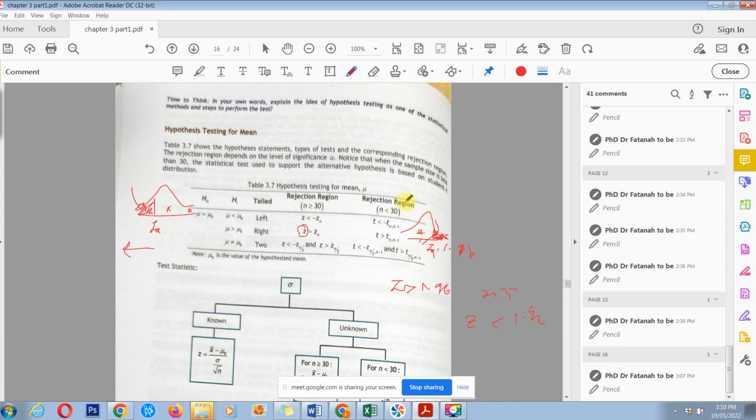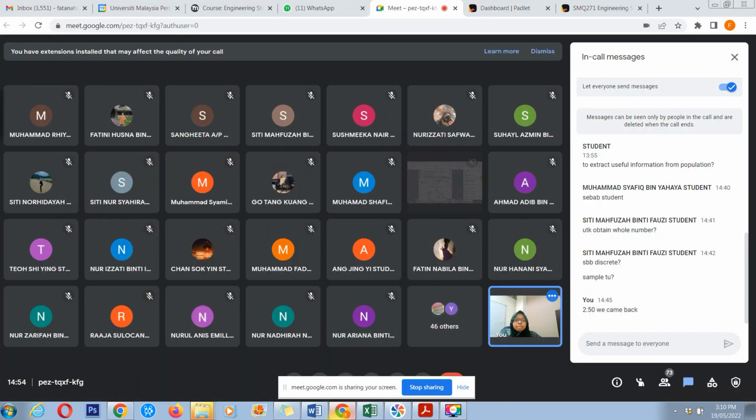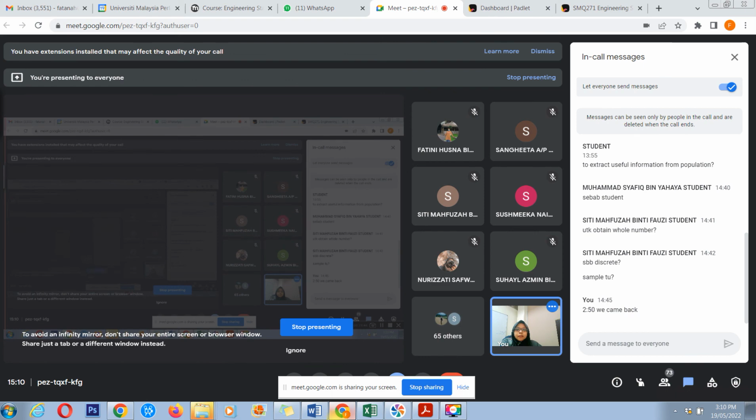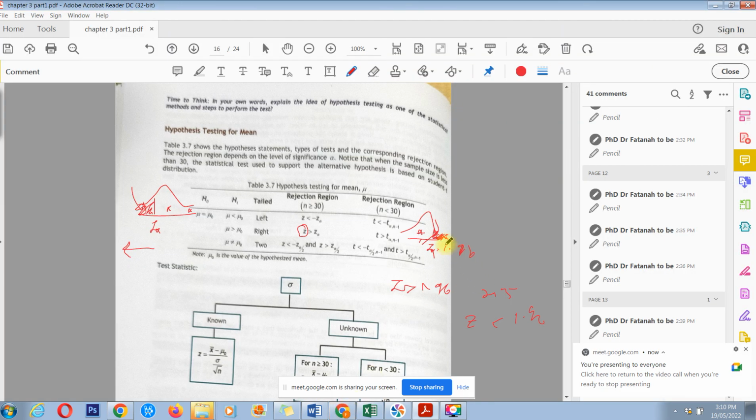Is it inside the rejection area or not? It is not inside the rejection area, right? So do we need to reject our claim? No, we do not need to.